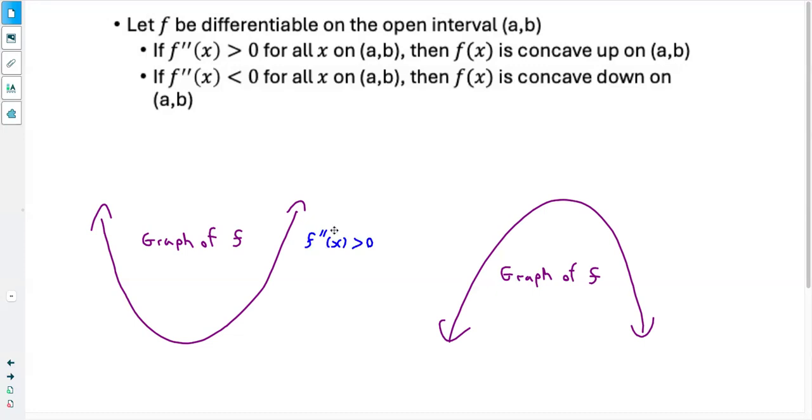Because essentially, our second derivative is how our slope is changing. So if our slope is changing to a positive, it's becoming less and less negative and eventually positive.